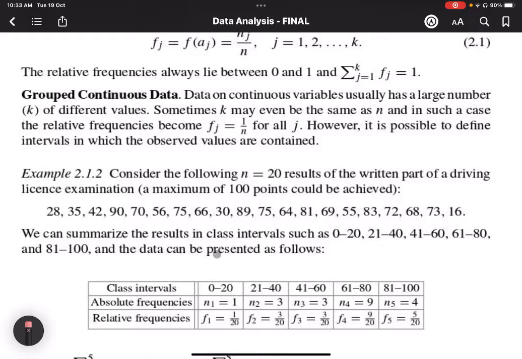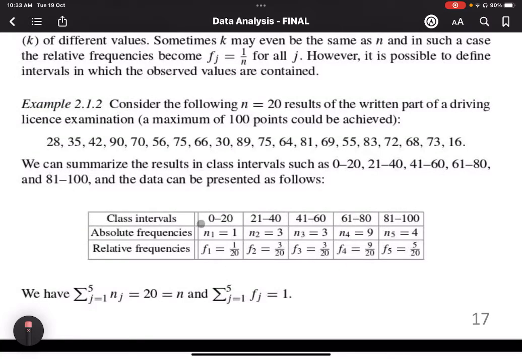And those are the categories that we have created. And the resulting table, as you can see, we have absolute frequencies here and the relative frequencies here. No? So n1 equals 1, n2 equals 3. Okay, so meaning, under ng 0 to 20, merong isa, 21 to 40, merong tatlo, 41 to 60, merong tatlo rin.